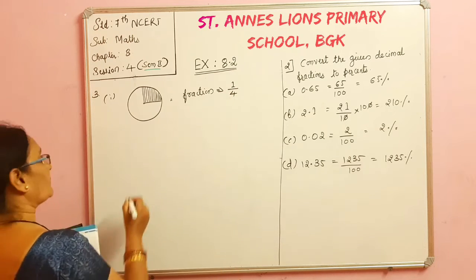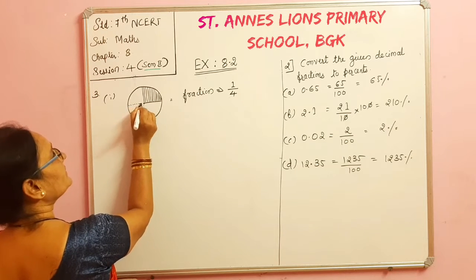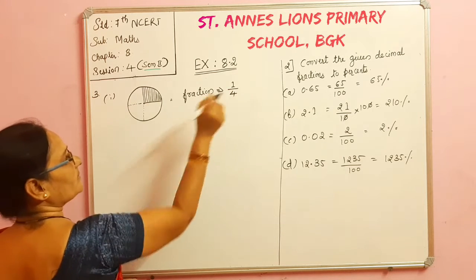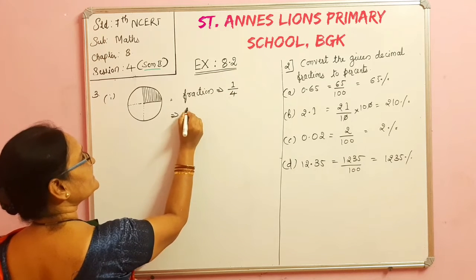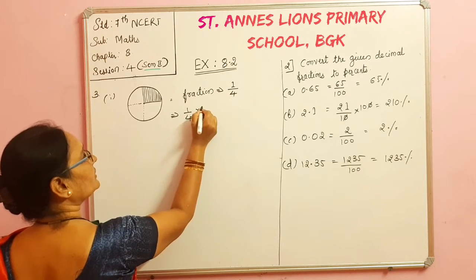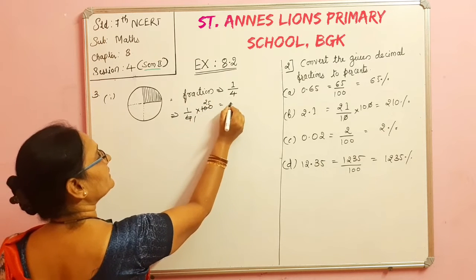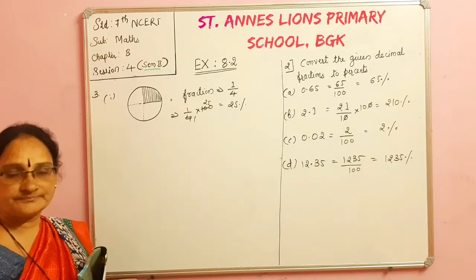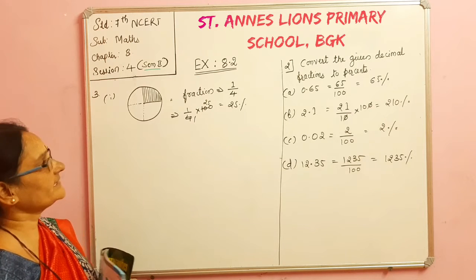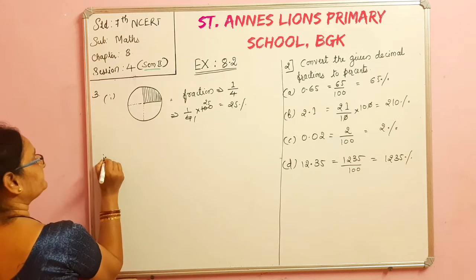Suppose, if you extend this, how many parts will be there? 4 parts will be there. In that, 1 by 4. What is the percentage for that? So this implies 1 by 4 into 100. 4 ones are 4, 25, so 25% is the shaded part. Now the second one.